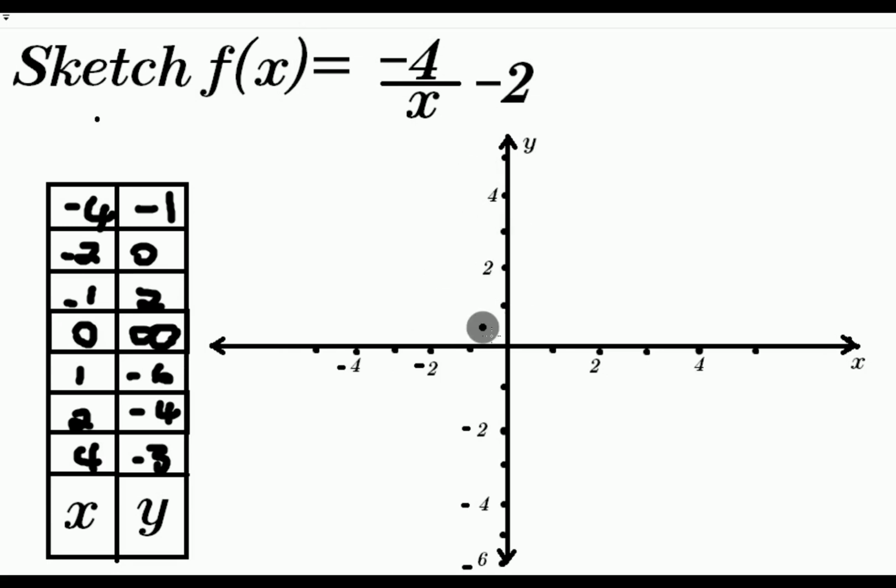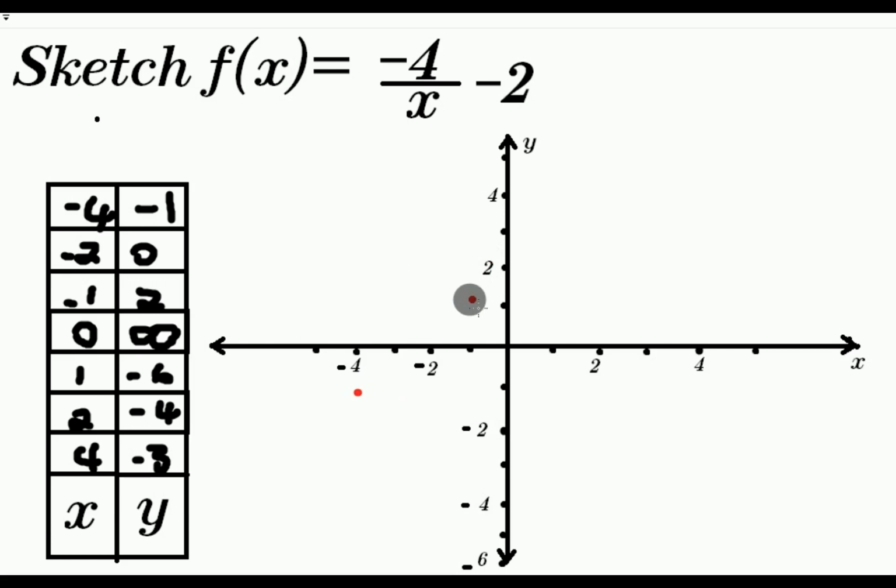Now that we have our Cartesian plane drawn accordingly, we are going to start plotting our points, starting with minus 4 and minus 1. It's going to be somewhere here. Let's use a different color to symbolize the dots. We're going to use red.